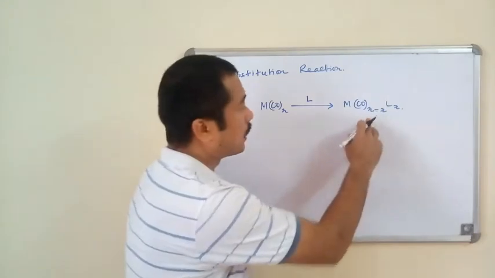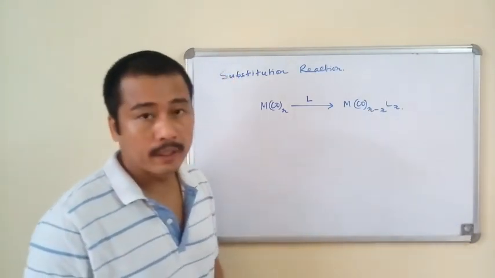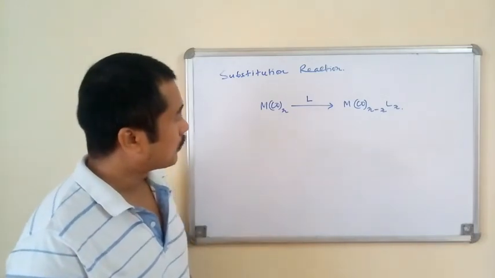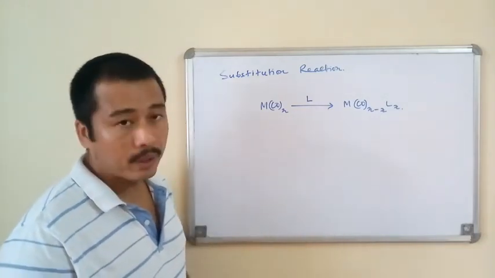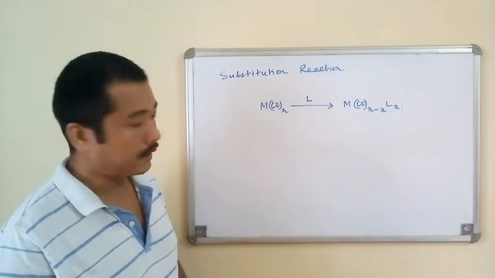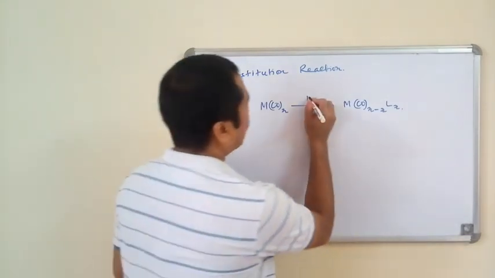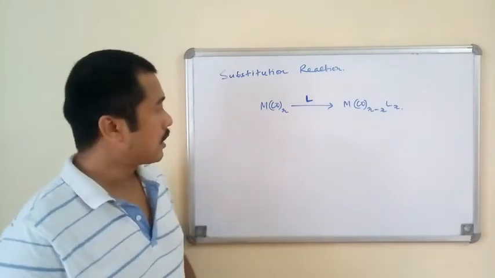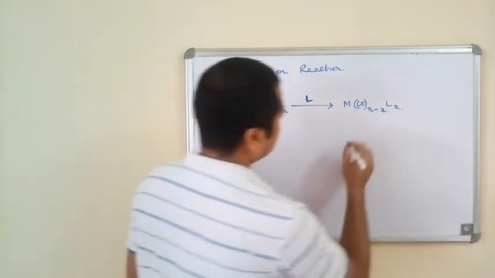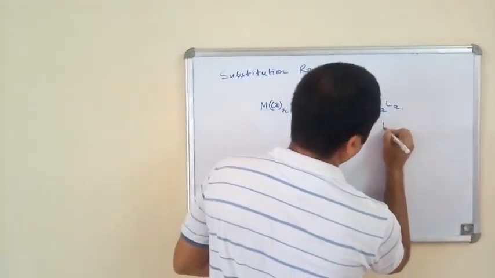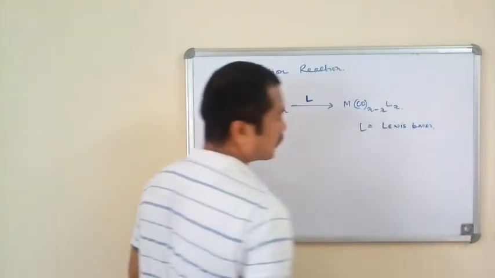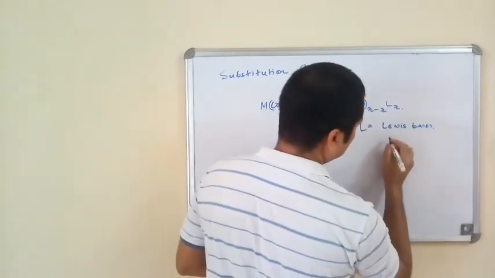So x is typically lower than n, and we will not be able to substitute all the carbonyl ligands for sure. The different ligands which can be used to substitute the carbonyl ligand in metal carbonyl complexes are Lewis bases. One can use different Lewis bases.